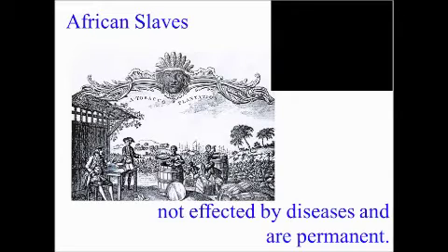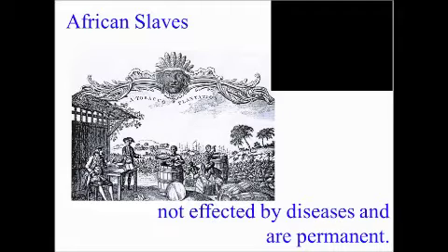Now, this goes on your chart. Because the Africans had been exposed to the same diseases as the Europeans, Africans had an immunity to the diseases that had killed so many Native Americans. So that was one problem solved. Secondly, because the Africans were slaves, they were purchased by the farmers forever. They were permanent.